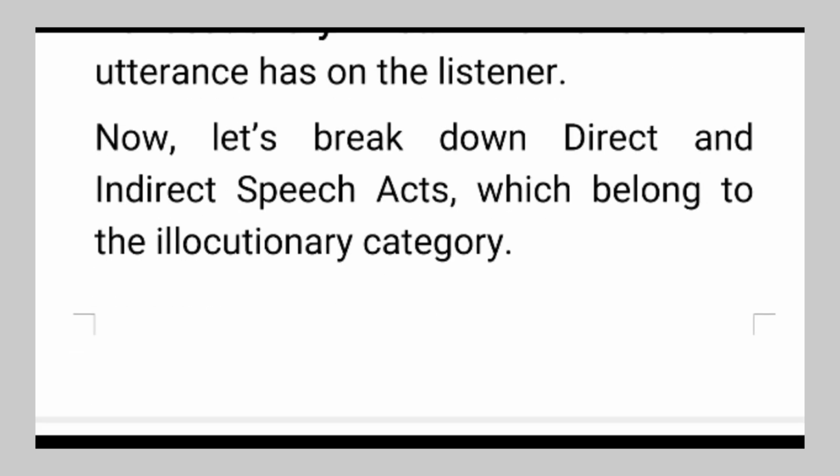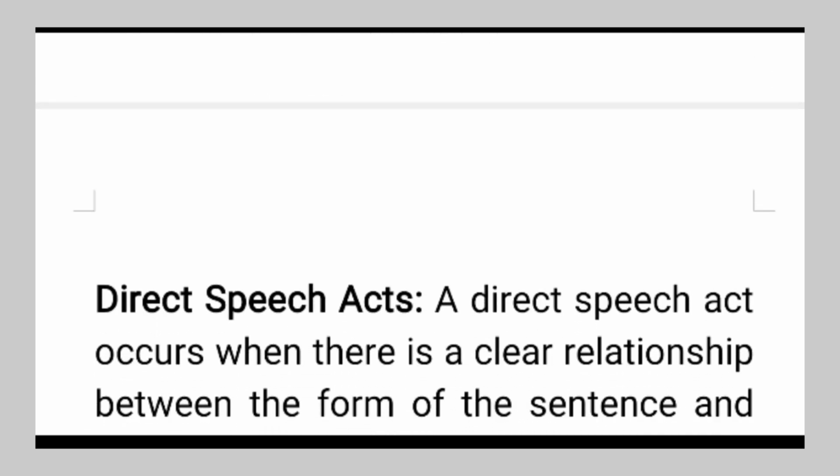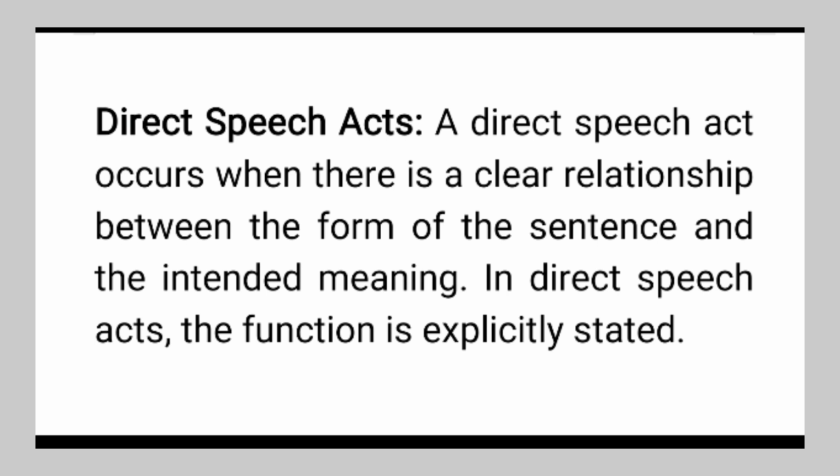Okay, now let's break down direct and indirect speech acts, which belong to the illocutionary act. The illocutionary act has two further types: the direct speech act and the indirect speech act. A direct speech act occurs when there is a clear relationship between the form of the sentence and the intended meaning.